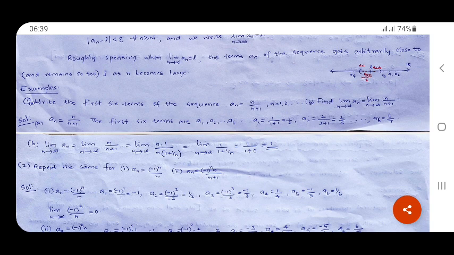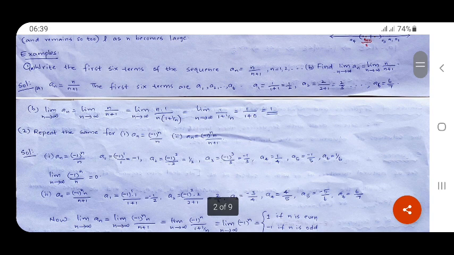Taking them outside, n times 1 divided by n times (1 plus 1 over n). Note that these two n's in the numerator and denominator get cancelled. So the limit as n tends to infinity of 1 over (1 plus 1 by n). As n tends to infinity, 1 by n is 0. Therefore, 1 over (1 plus 0) equals 1.